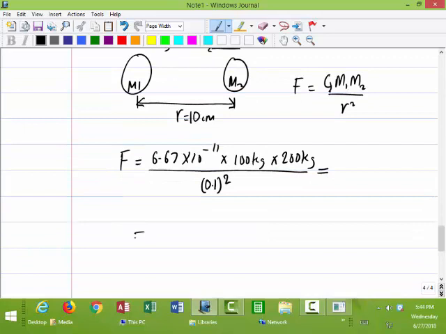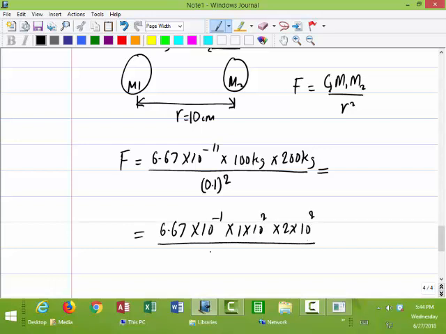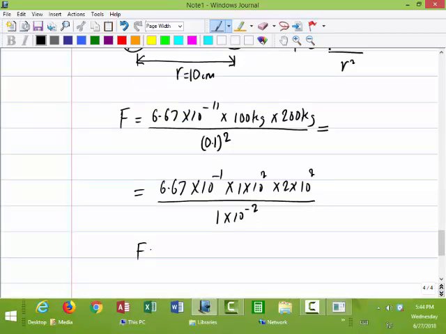So we have 6.67 times 10 to negative 11, times 1 times 10 to the 2, times 2 times 10 to the power 2, divided by 1 times 10 to the power negative 2. We can now write the force as 6.67 times 1 times 2 divided by 1, and then 10 to negative 11 times 10 to the power 4 times 10 to the power 2.